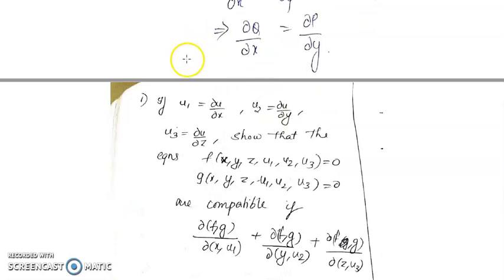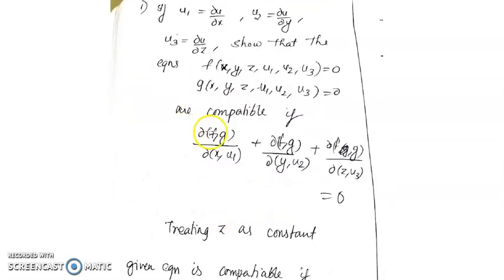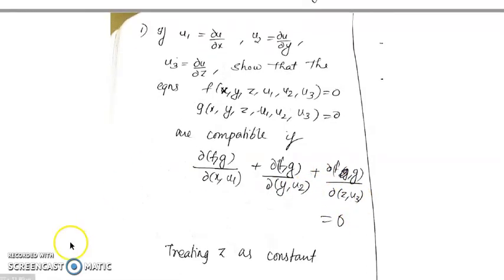Now the next question is, so if u1 equal to dou u by dou x, u2 equal to dou u by dou y, and u3 equal to dou u by dou z, show that the equations f of x y z u1 u2 u3 equal to 0 and g of x y z u1 u2 u3 equal to 0 are compatible if dou of fg by dou of x u1 plus dou of fg by dou of y u2 plus dou of fg by dou of z u3 is equal to 0.